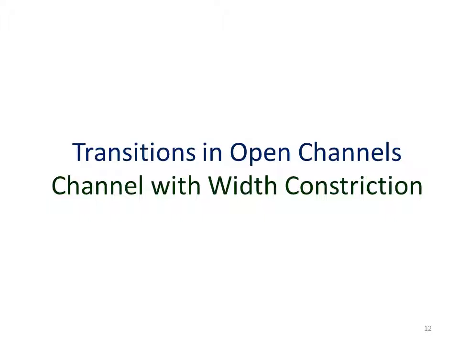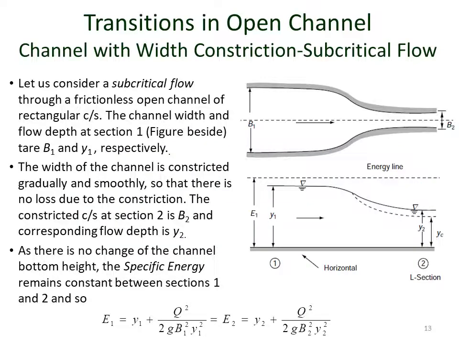Now from the example of the transition given by the hump, we will now move on to the discussion on another example of the transition given by the width constriction in the channel. So in analyzing the flow, our assumptions will be the same here.